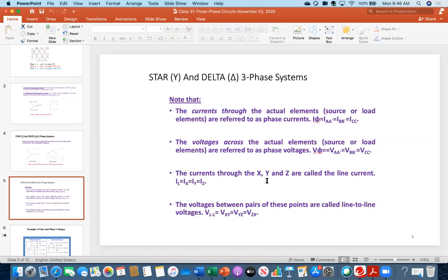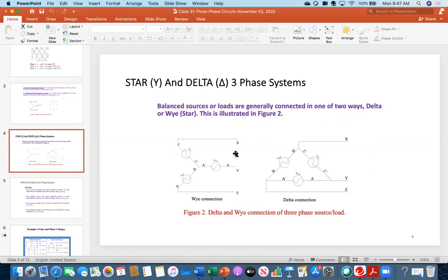The currents through the X, Y, and Z elements are called line current, like IL equal to IX, IY, IZ. And when they are flowing through the actual elements, whether power source or load, you will be calling that phase current. Now, similarly, you are measuring the voltage. For example, you are measuring the voltage only between A and A prime.